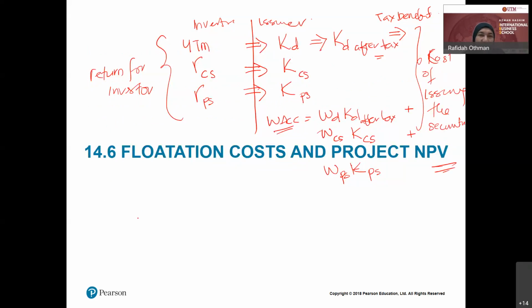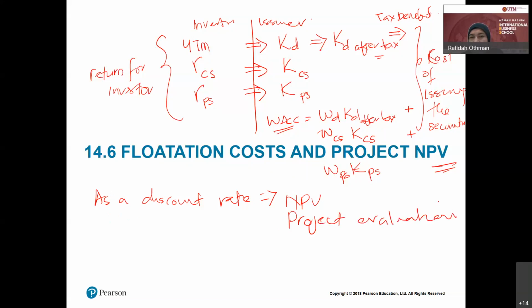So what is the use of WACC? It is used as a discount rate when we are calculating the net present value, and when we want to calculate on project evaluation.